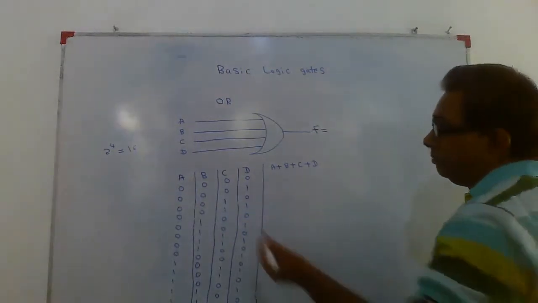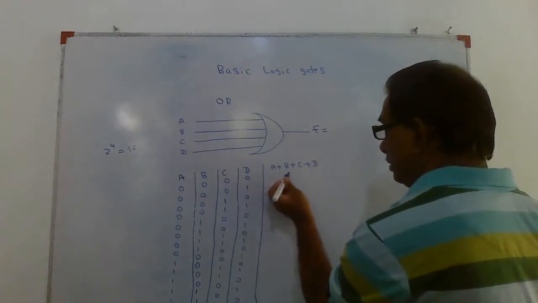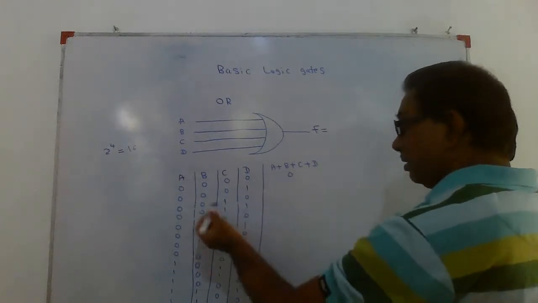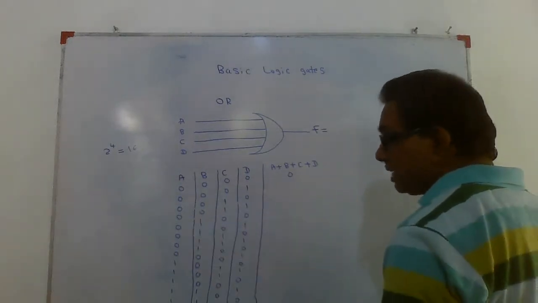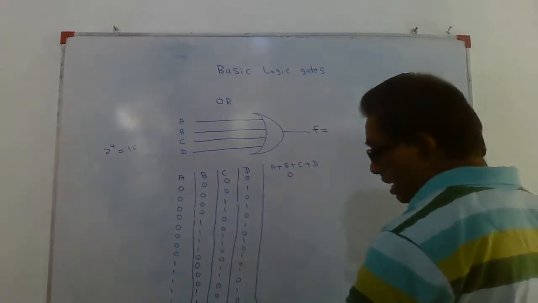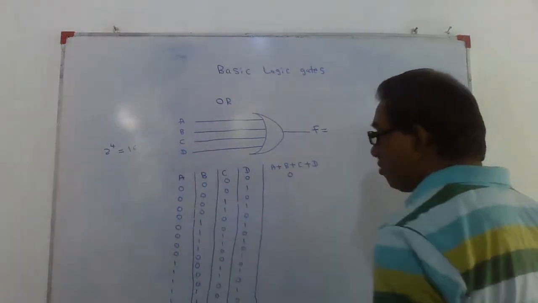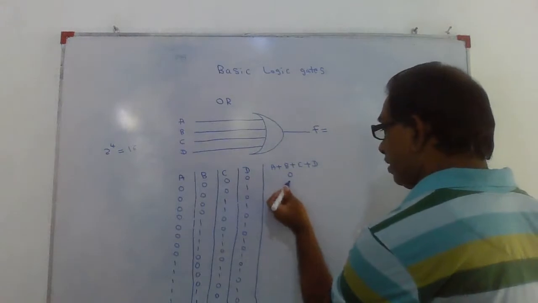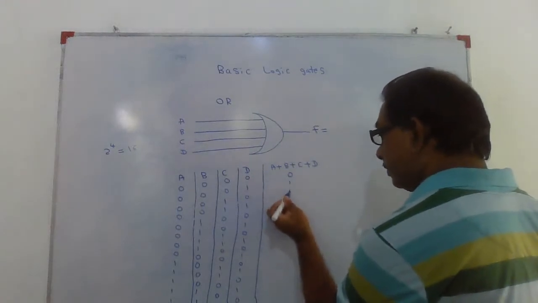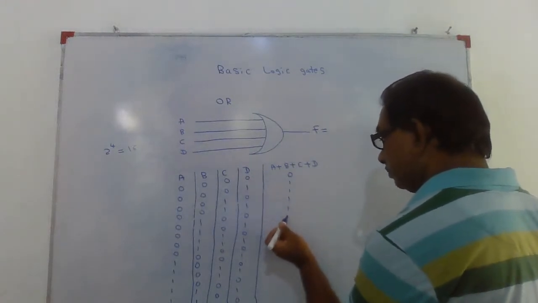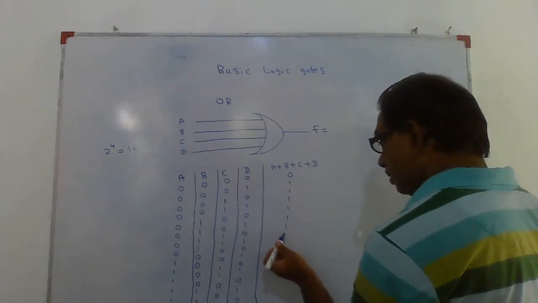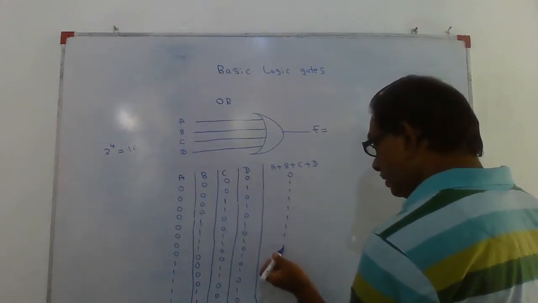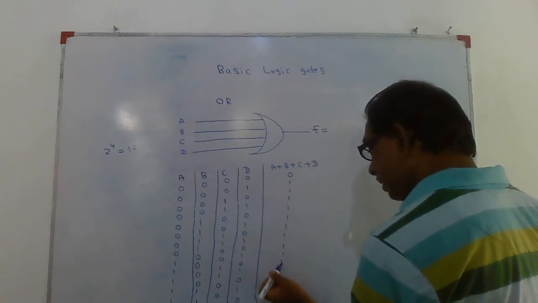Then you can calculate. So here 0. In all other occasions you can get 1. Why? In each row we have a 1, so the output can be 1. Here 1. What is the important thing here?